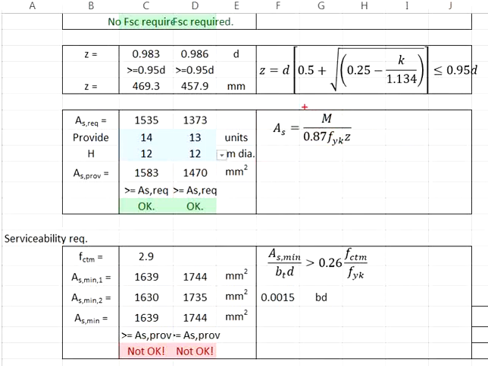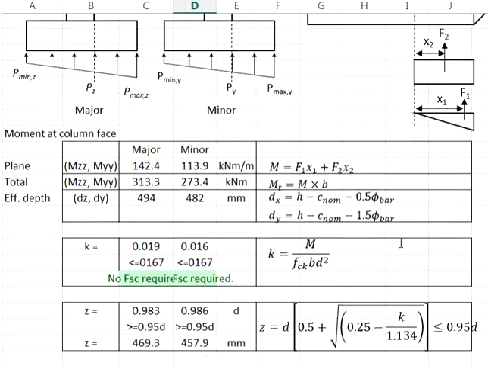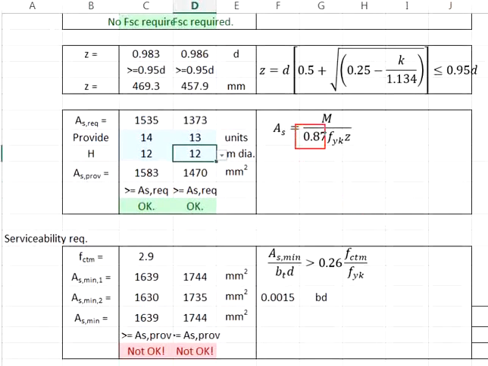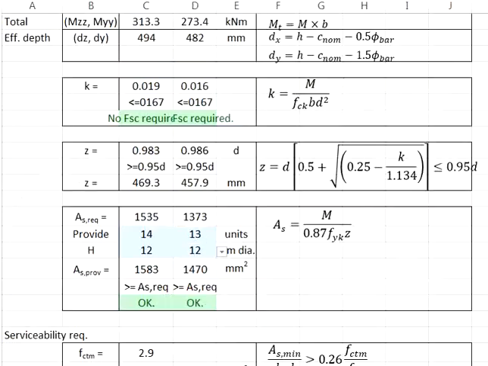Using this formula, you have the moment, the total moment in the major and in the minor axis, divided by 0.87 fyk and Z. fyk in this case is equal to 500 Newton per mm square, and the Z we have calculated previously.